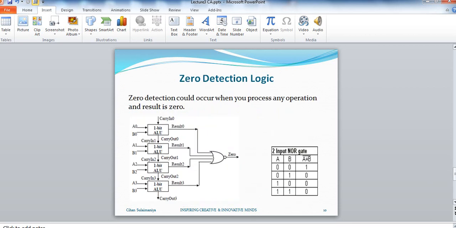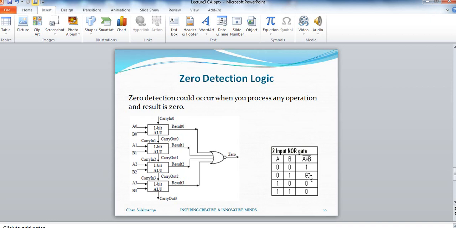Now let's go for the last thing for today's lecture, the zero flag. If you remember, we did it in the practical. It happens when you perform an operation, let's say plus, minus, times, division, and the result is 0. Here you see a NOR gate.